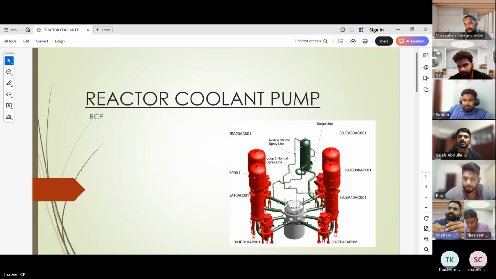But we can operate the reactor even with two RCPs not in working condition. Two RCPs are enough for generating full power output in the four loop primary.